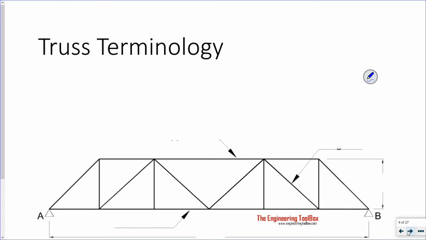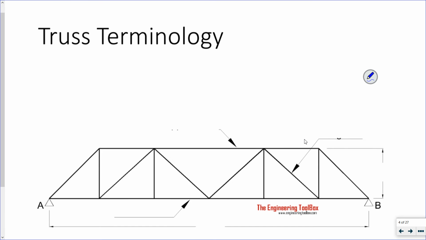Get a little bit of truss terminology here. I know, I always like knowing vocab words, right? First we have the top and the bottom, right? The top horizontal member is called the upper chord.